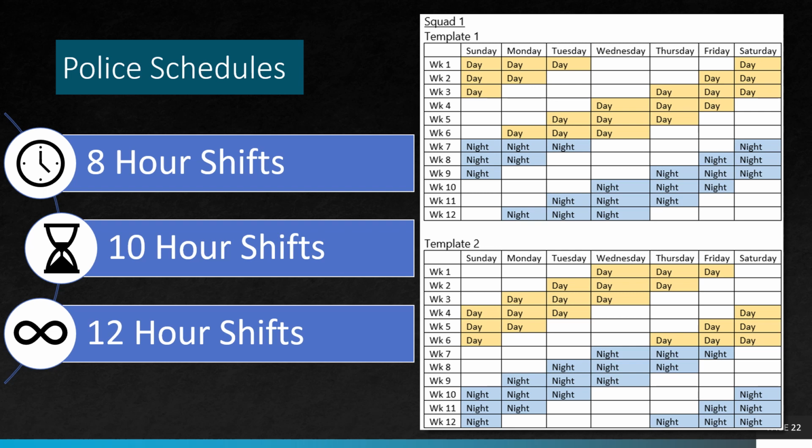And in the shift discussion, here's just an example of some very, very commonly seen police schedules. So you might work 5 8-hour shifts, you might work 4 10-hour shifts, or work like a hybrid where you work 3 on, 4 off, 3 on, 4 off, 5 on, 5 off.